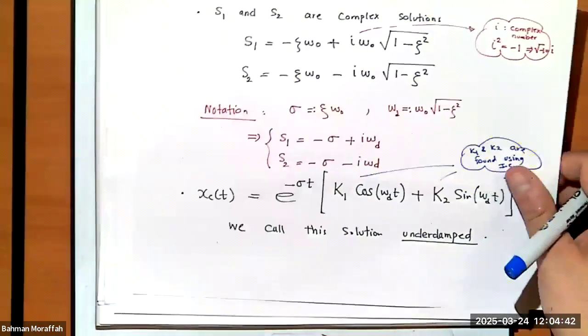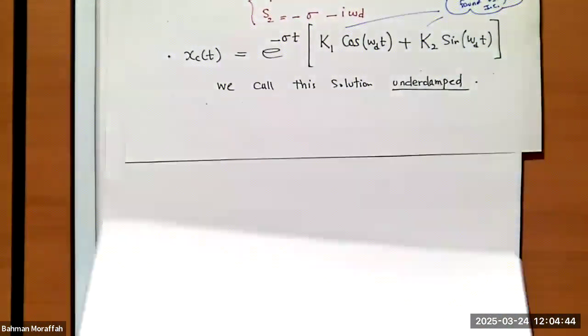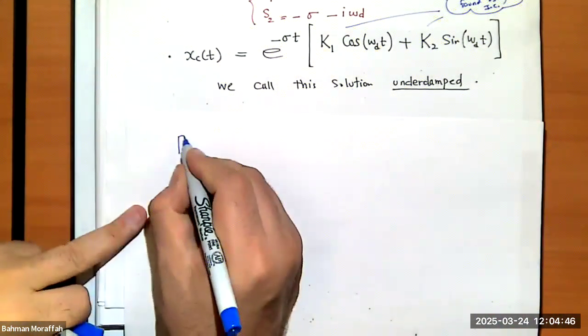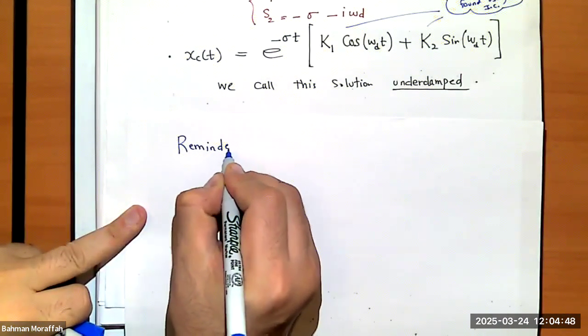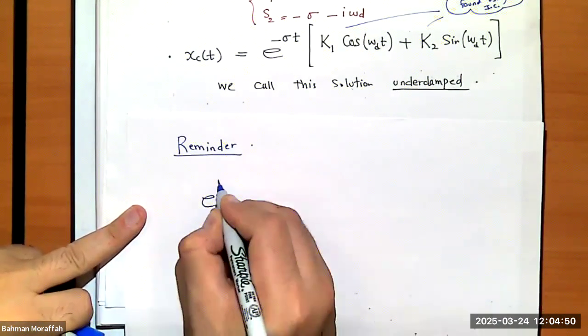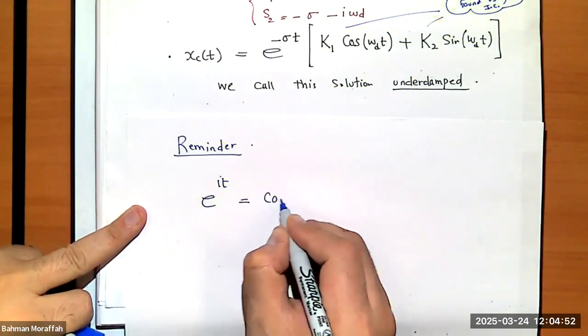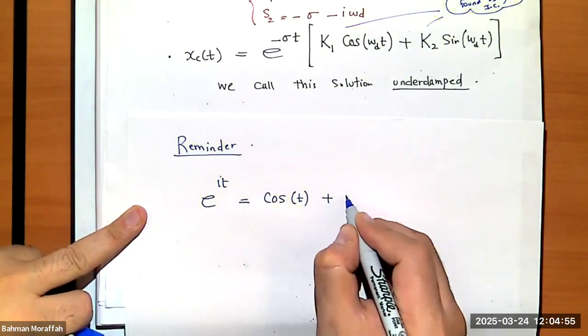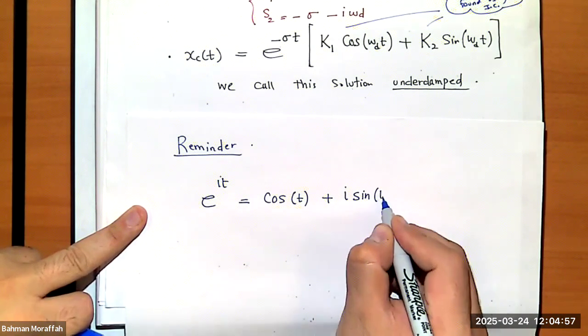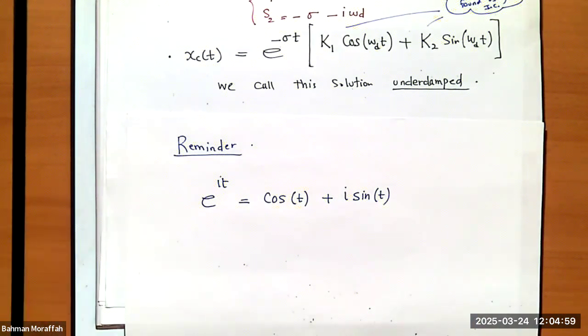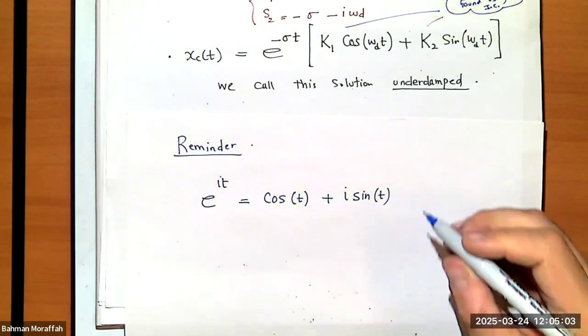A reminder: e to the power of it is cosine t plus i sine t. That's the Euler formula that you've seen in calculus.